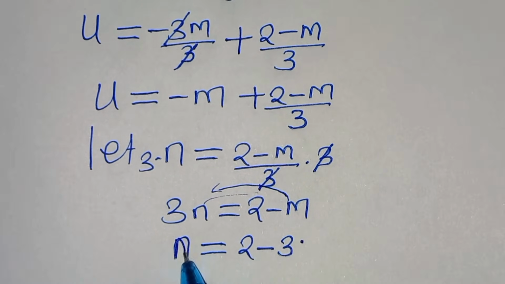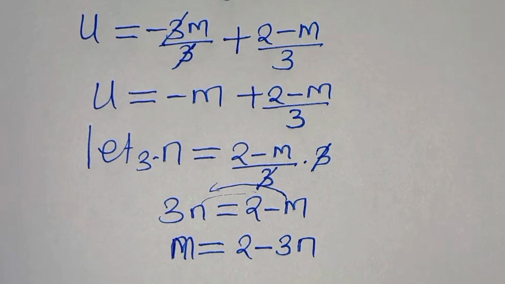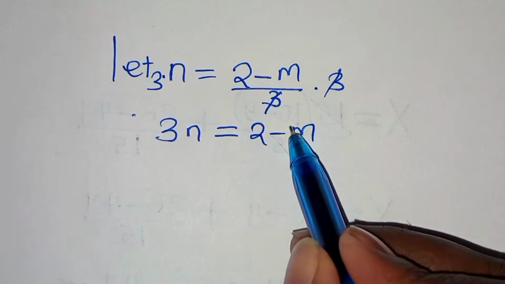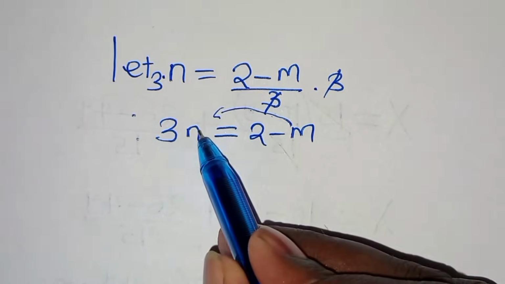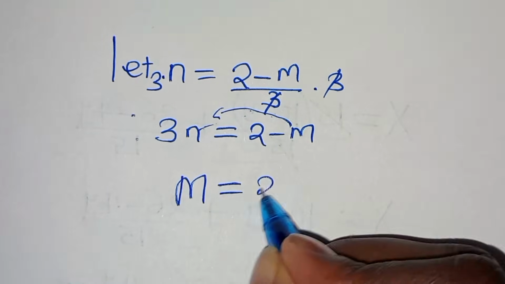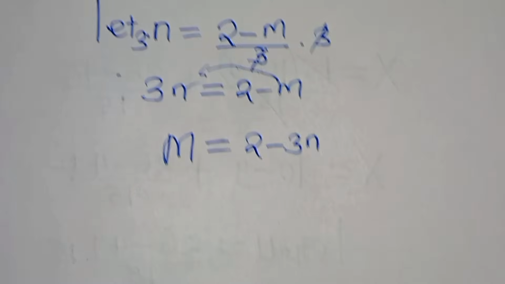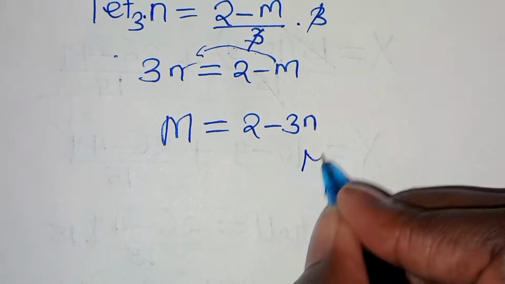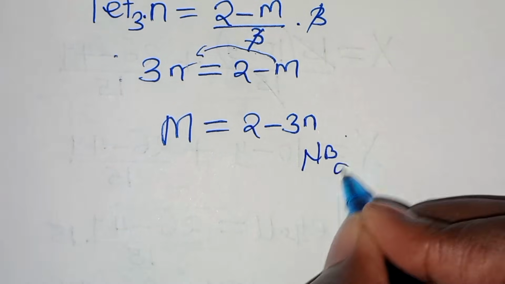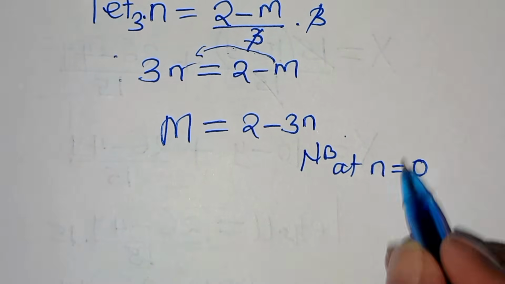This means that m is equal to 2 minus 3n. Now let's take minus m on the left hand side and 3n on the right hand side. So this means that m is equal to 2 subtract 3n. Now, we need to note that at n equal to 0, let's substitute n equal to 0 here.